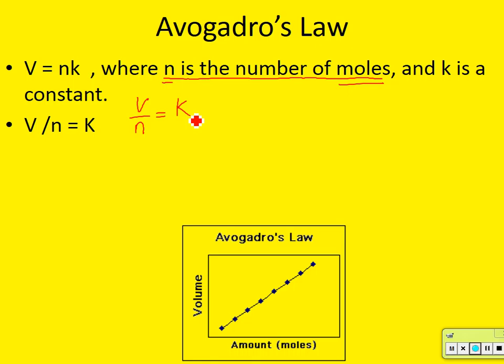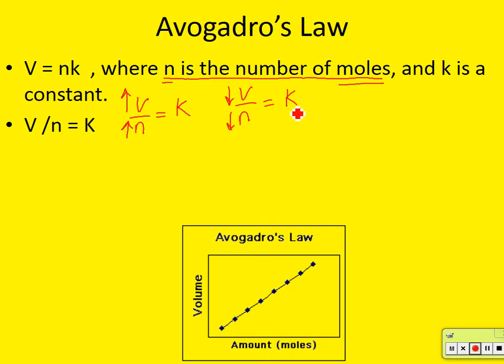I don't know what that constant is. Let's say it's 10. Okay? If volume was to go up, what would have to happen with the number of moles in order to keep this 10? It would have to go up as well. Good job. We see that? Okay. Also, what if volume went down? What would the number of moles have to do?